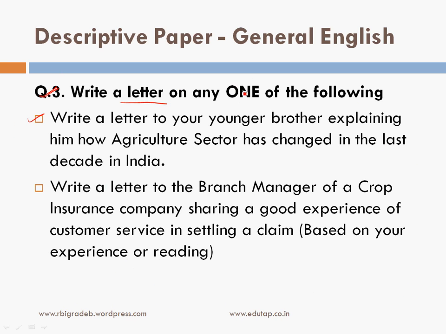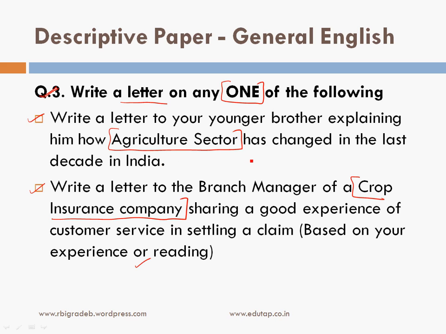You have to write one letter. The first is: write a letter to your younger brother explaining how the agriculture sector has changed in the last decade in India. And the second letter is: write a letter to the branch manager of a crop insurance company, sharing a good experience of customer service in settling a claim, based on your experience or reading.